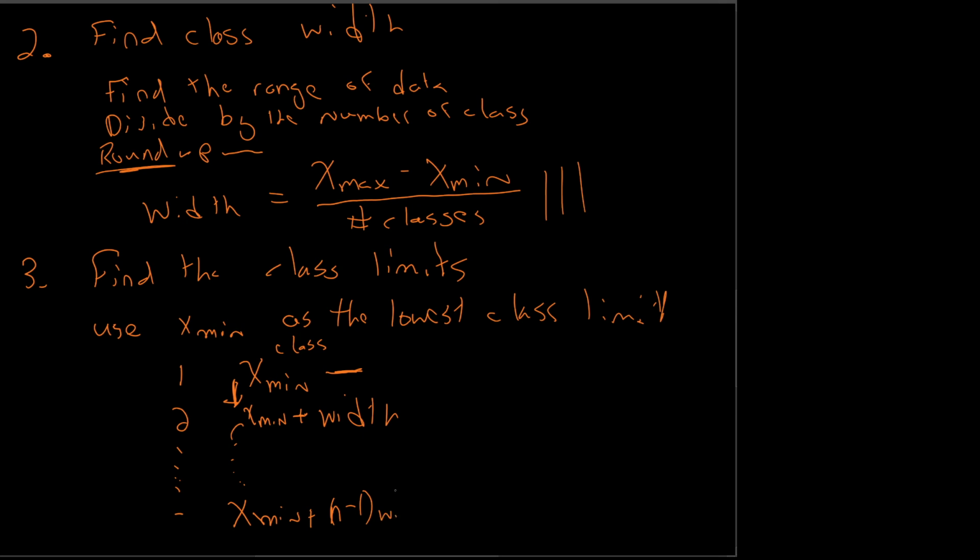Don't worry about the math here, I'll show you. And this gives me all the lower limits. But then the upper limit from the previous class is this number minus 1. Well, that looks weird, right? Find the class limits, use the min as the lowest and the class width.